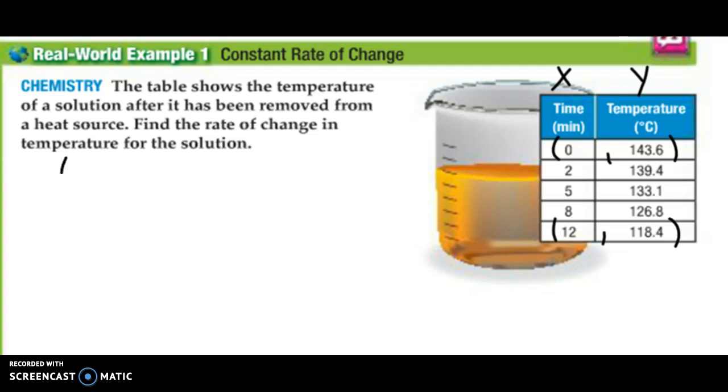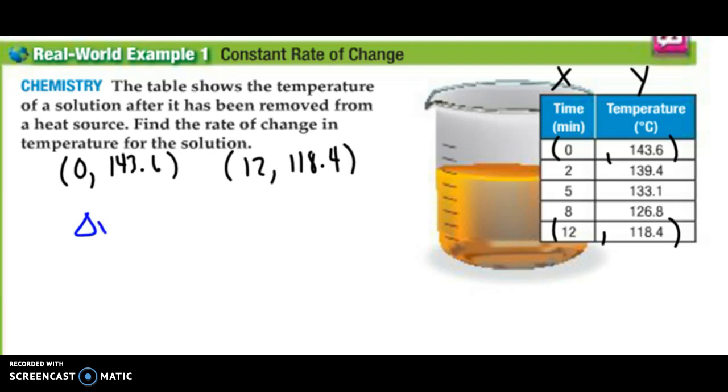So if that's the case, I have 2 points. I have 0, 143.6, and I have the point 12, 118.4. Now, if I'm looking at the rate of change, I'm going to see where my temperature ends and where it started.